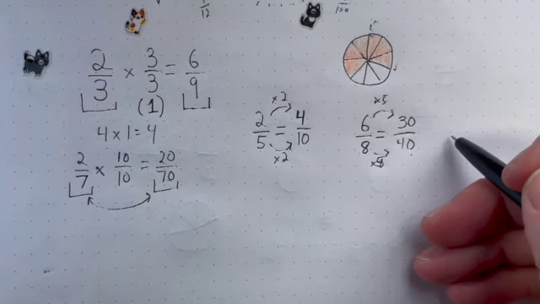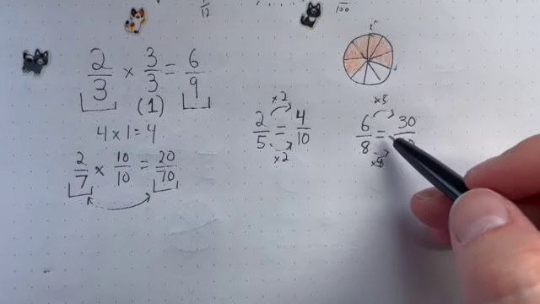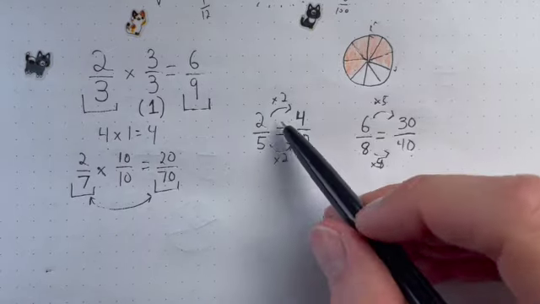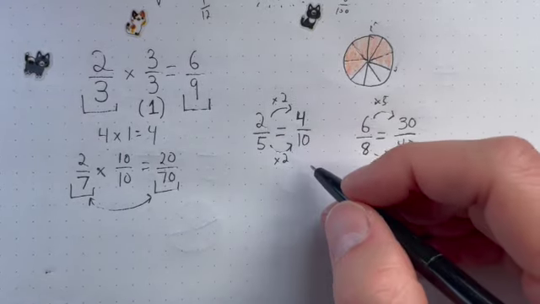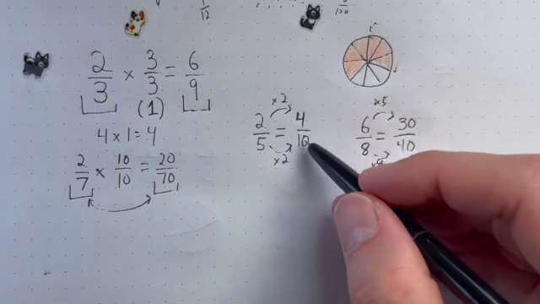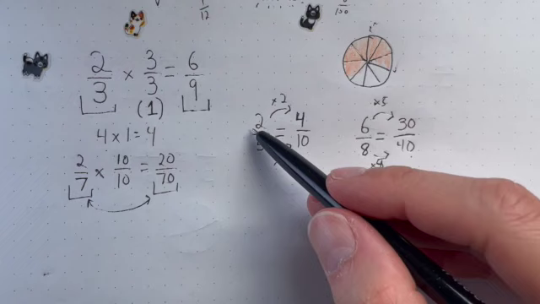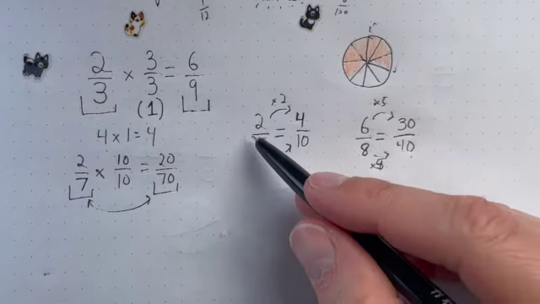Today we went up, from 2/5 to 4/10. Sometimes they'll even go down. They'd say 4/10, we can reduce that to an equivalent fraction, and reduce 4/10 to 2/5.